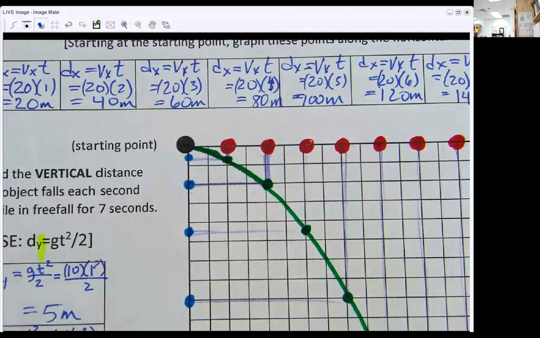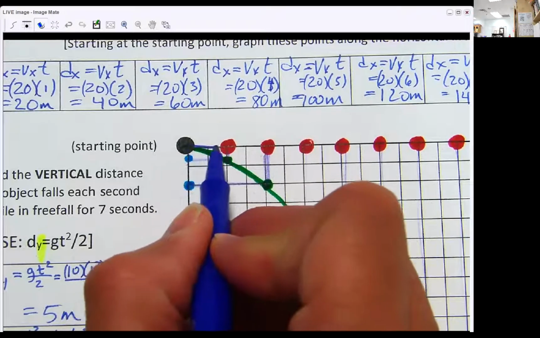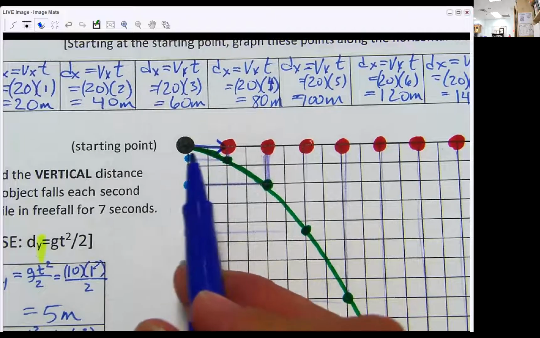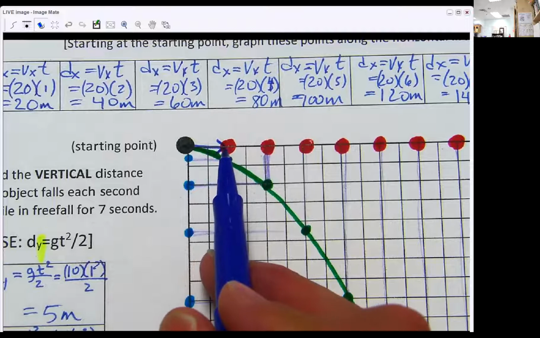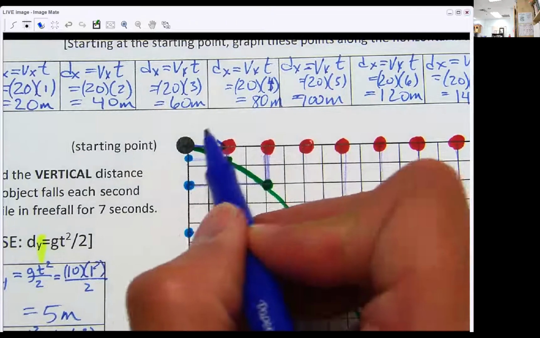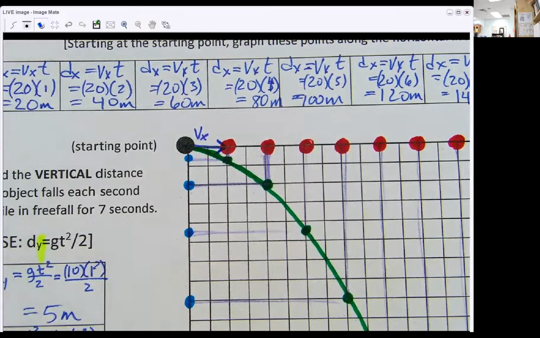I'm going to draw a velocity vector from the start to the next point over. So I have started at the starting point and ended at the next position. I'm going to label that V of X because that's a velocity vector, specifically velocity along the horizontal, along the x-axis.